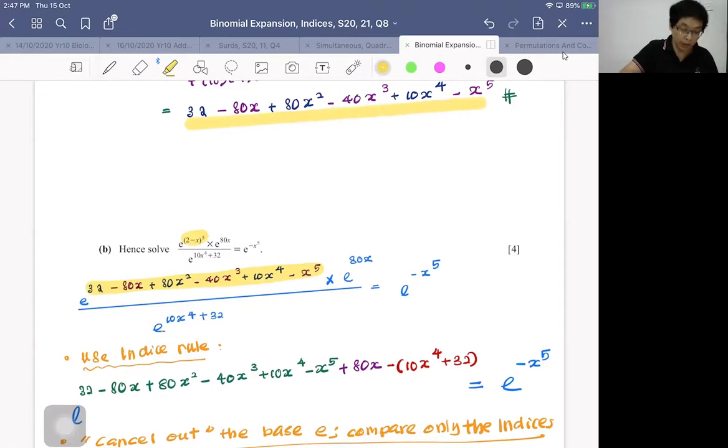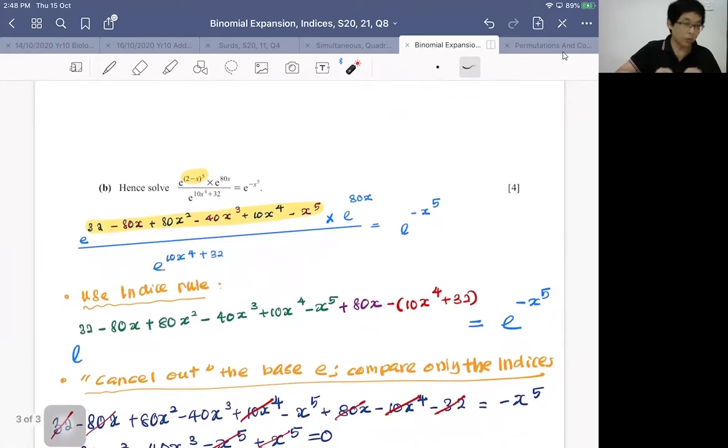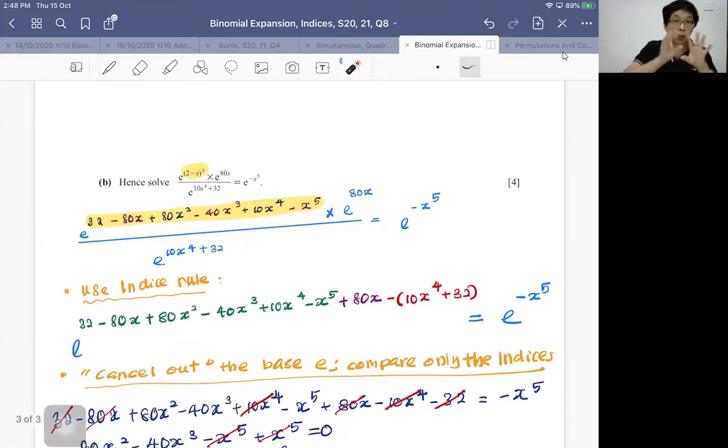So what you do is copy that down, then multiply by e to the power of 80x and divide by the same thing, just copy that down, equal, copy that down. Now what you're going to cleverly maneuver is using indices rules to combine.